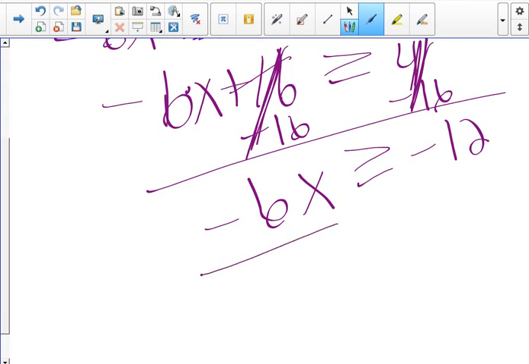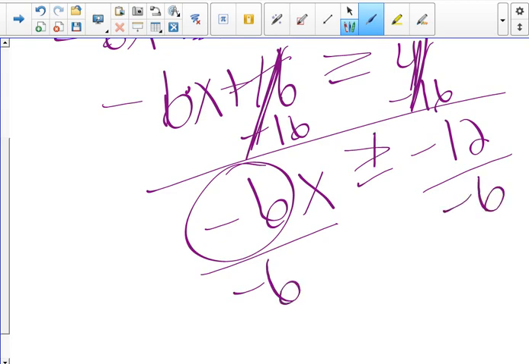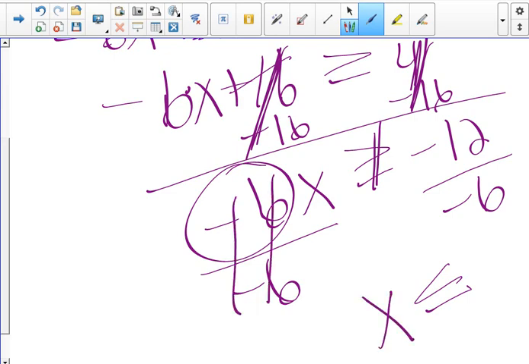Now we've got to flip the sign because we're going to divide each side by negative 6. So the sign flips. These cancel out and I'm left with x, and 12 divided by 6 is 2. X is less than or equal to 2.